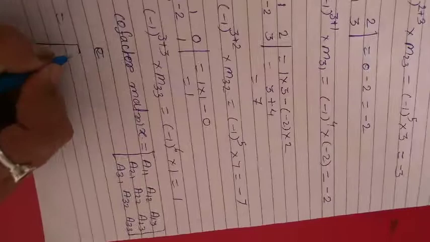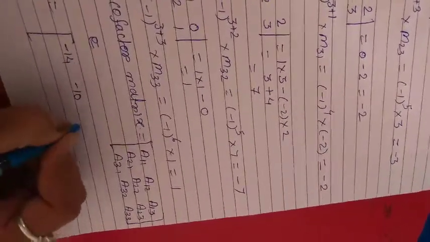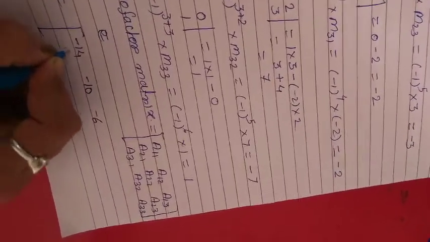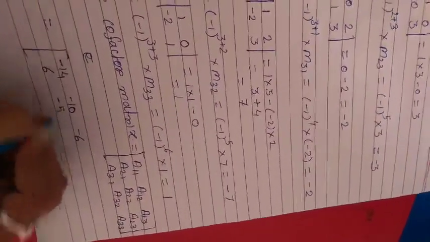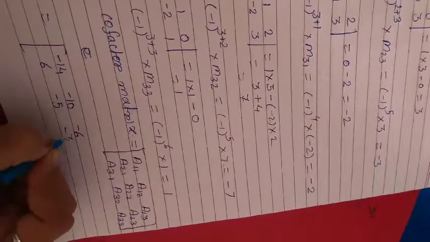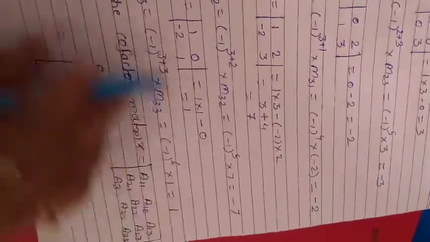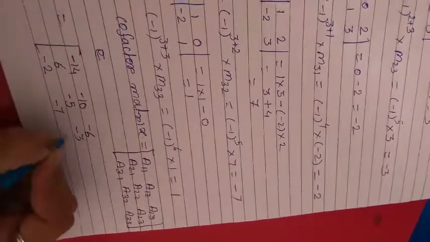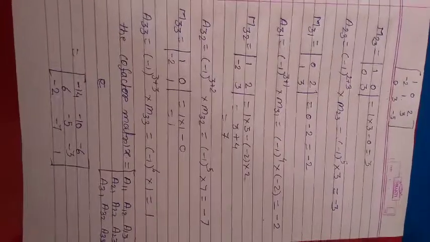So our A11 is minus 14, A12 is minus 10, A13 is minus 6, A21 is 6, then A22 is minus 5, A23 is minus 3, then A31 is minus 2, A32 is minus 7 and this is 1. So this is the cofactor matrix. In this way we have to find the cofactor matrix.